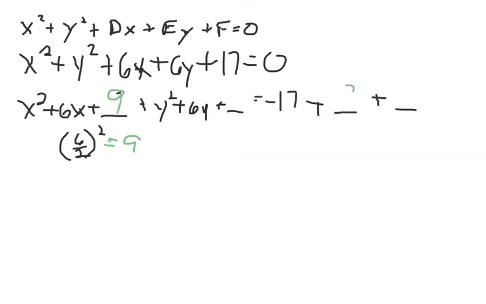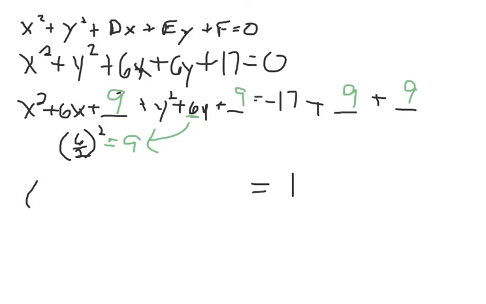So over here on this side, I got to add a 9 to keep it equal. And since those are both 6s, this is a 6 too, I do this exact same thing. So I get another 9 here, which I have to add over here and get a 9. And so way over here on the right, when I add all these numbers together, I end up with a 1. So I got equals 1 over here.